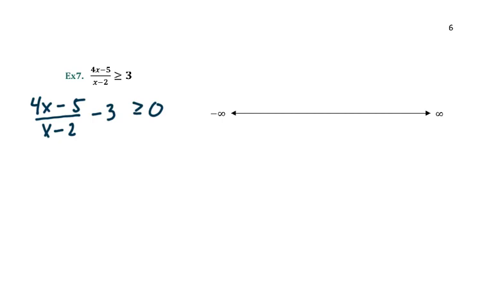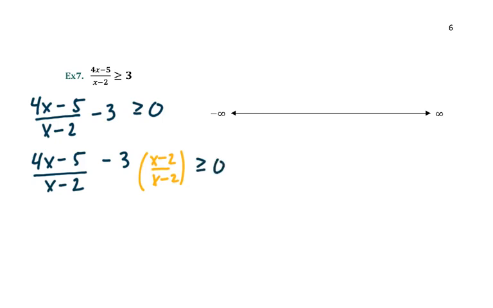So as I work through this, I'm going to need to combine those and make them into one fraction. In order for me to do that, I've got to get a common denominator. So I'm going to take that 3 and multiply it by x minus 2 over x minus 2. And doing that is going to allow me to add these two terms together.